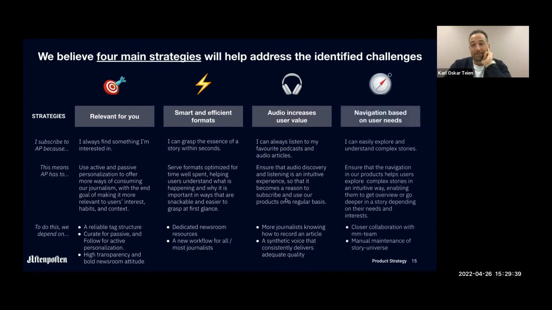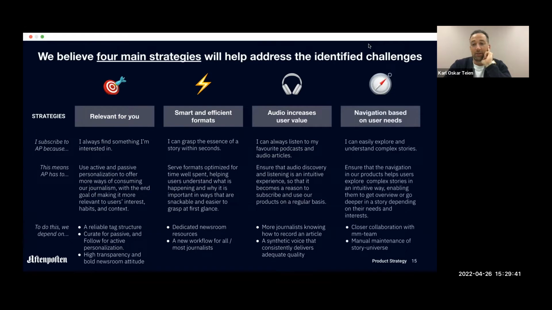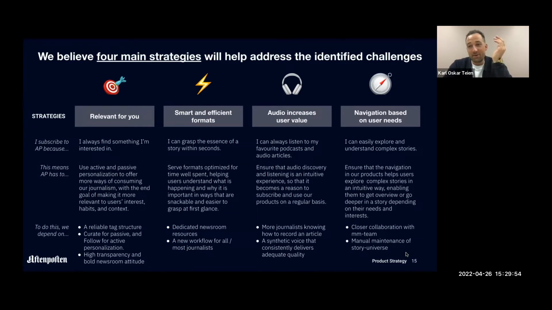And the last one is what I referred to earlier, navigation based on the user needs. So how can we help users explore and understand complex stories? I like to think of this as an iceberg. What the front page should show you is the tip of the iceberg. Those are the most important stories that we need you to read. If you're just going to read a couple of articles, then read those. That's the tip of the iceberg.